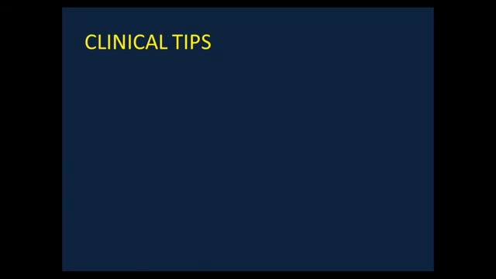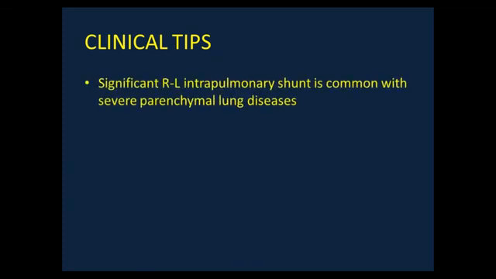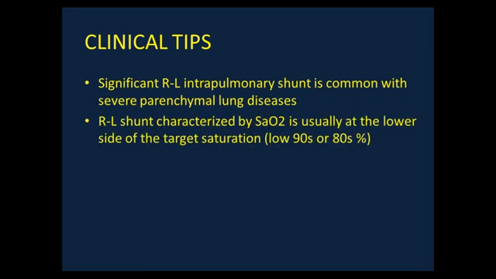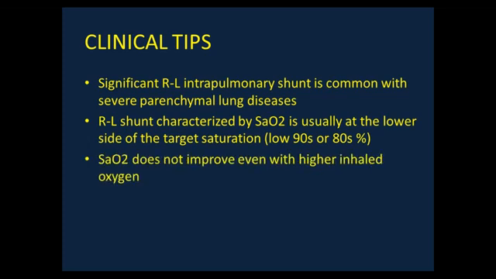Clinical tips. Significant right to left intrapulmonary shunt is common with severe parenchymal lung diseases. Right to left shunt is characterized by arterial saturation that is usually at the lower side of the target saturation, usually low 90s or mid to high 80s, and giving extra oxygen will not help improve the saturation higher than that.